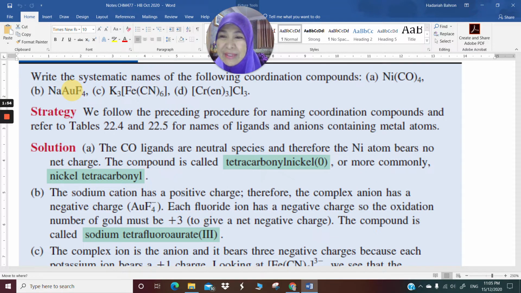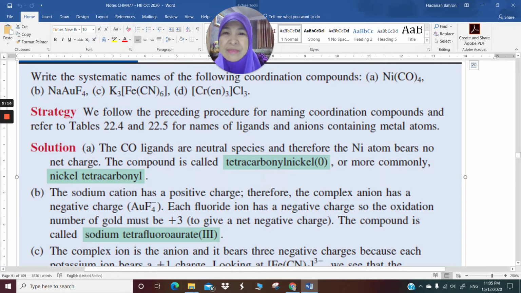It is because this sodium carries with it +1. The 4 fluorine or fluoride carry with them -4. And the whole thing is neutral. So you have to have the aurum having 3 plus charge.